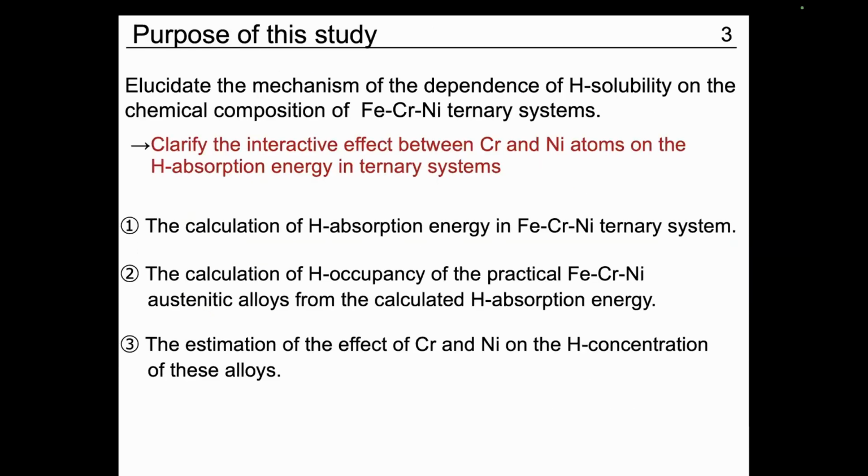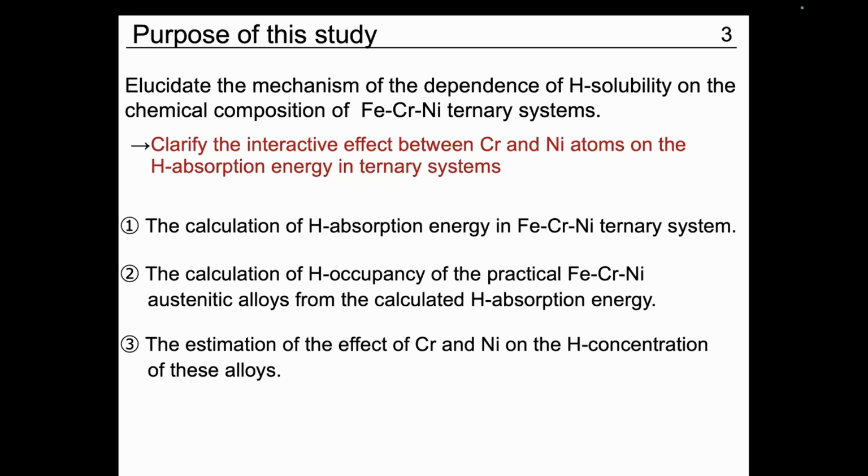So the purpose of this study is to elucidate the mechanism of the dependence of hydrogen solubility on the chemical composition of iron chromium nickel ternary systems. In order to do that, we clarify the interactive effect between chromium and nickel atoms on the hydrogen absorption energy in ternary systems.